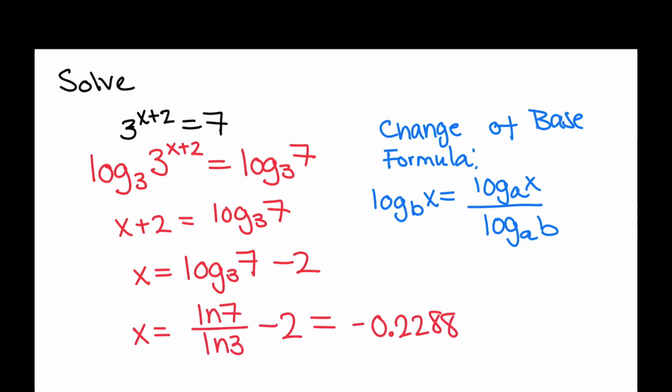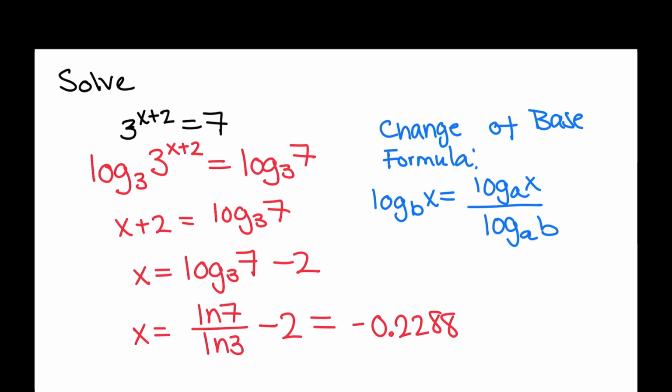So I'm going to change the base to e, because I have an ln button on my calculator. So log base 3 of 7 becomes ln 7 divided by ln 3. And this is now something that we can type into our calculator, and I got a decimal approximation of negative 0.2288, and I rounded a little bit there.